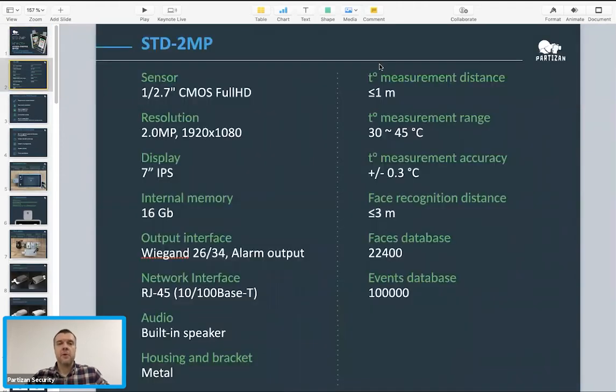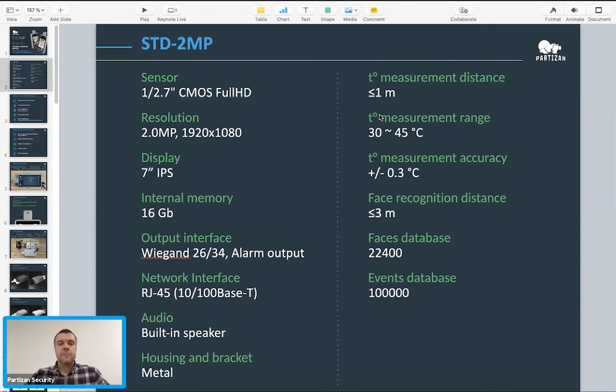Speaking about the technical part of the device, it is equipped with a 2-megapixel Full HD camera and a 7-inch IPS display. It has 16 GB of internal memory, which is enough to carry 22,400 different faces in the database, and it can also remember 100,000 different events.